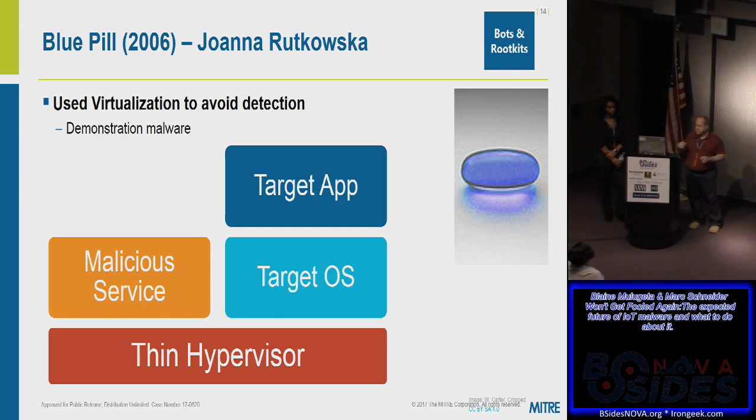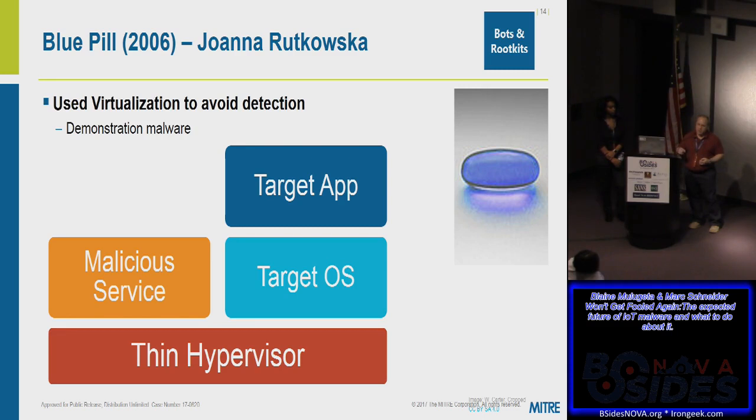And it required some specific hardware at the time because it used hardware virtualization to do this. But once that hypervisor was in there, it ran in parallel a malicious service that used APIs provided by the hypervisor to attack software running in the guest OS.